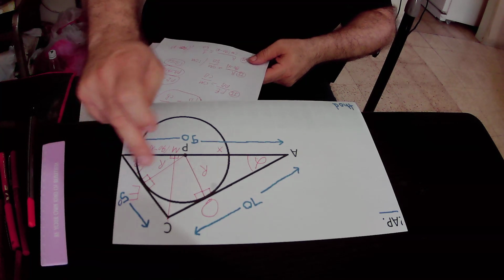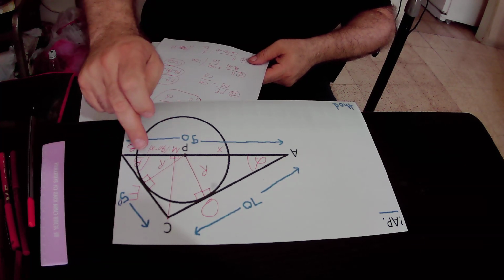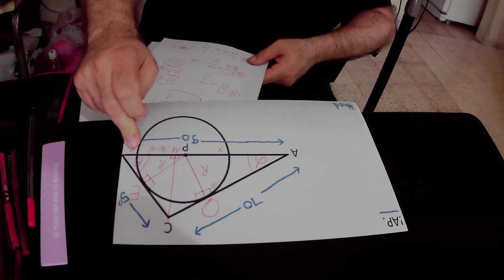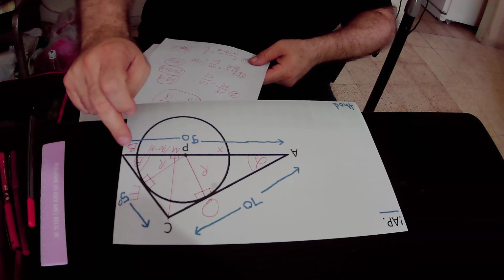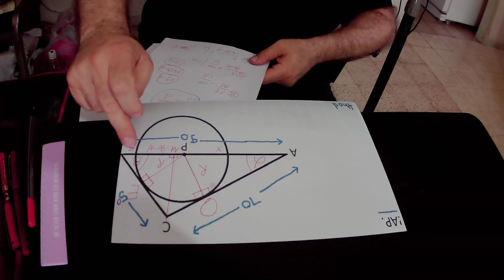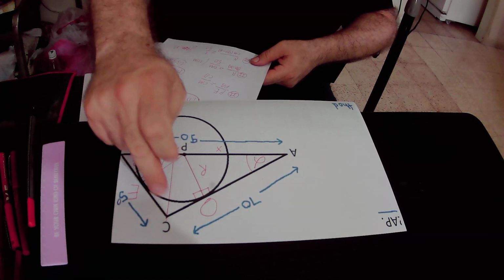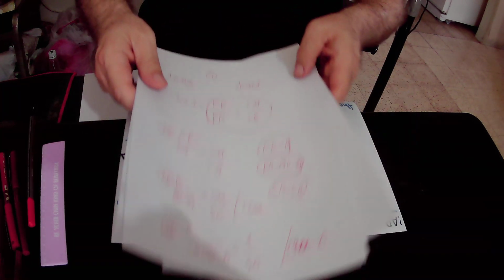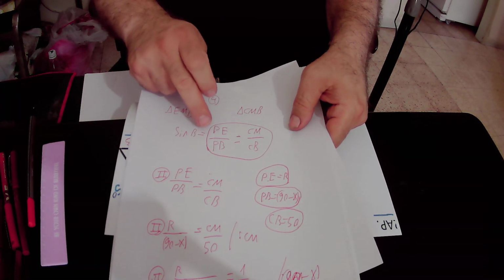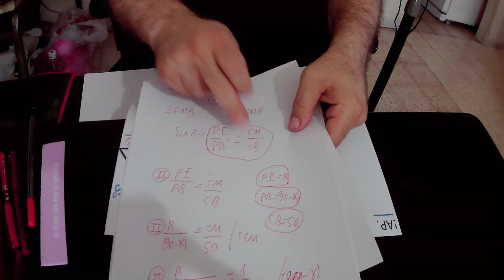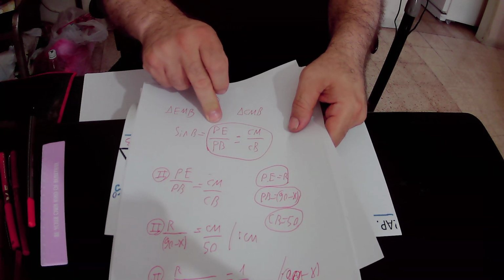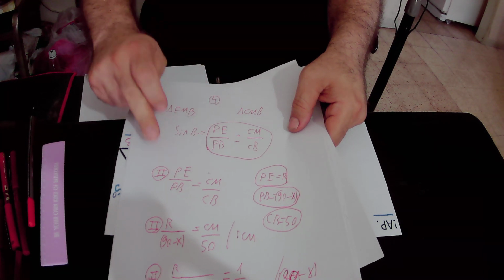We know that in triangle EPB, sine beta equals EP over PB, and in triangle CMB, sine beta equals CM over CB. So in total we got that sine beta equals EP over PB, that equals CM over CB. We copied this equation and we called it equation number 2.